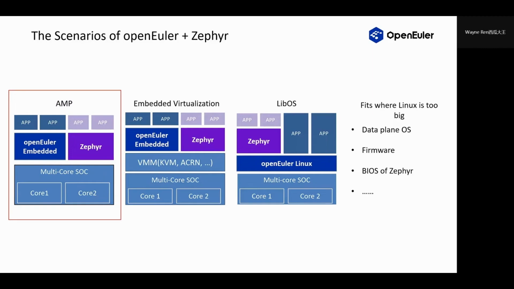As we know, Zephyr can run as a POSIX native OS, so it can run on openEuler Linux, providing some kind of lightweight user space multi-thread environment. And other scenarios where Linux is too big, for example, firmware of smart peripherals, BIOS in server or PC.